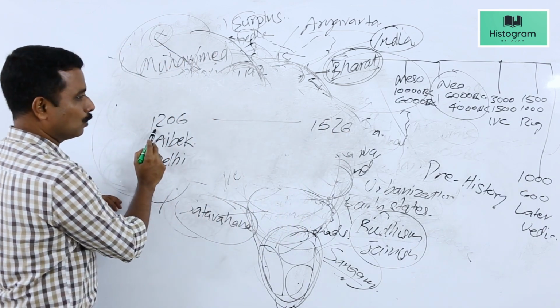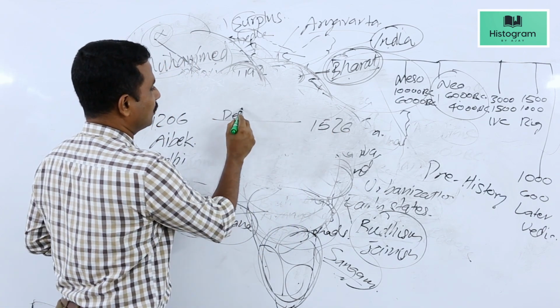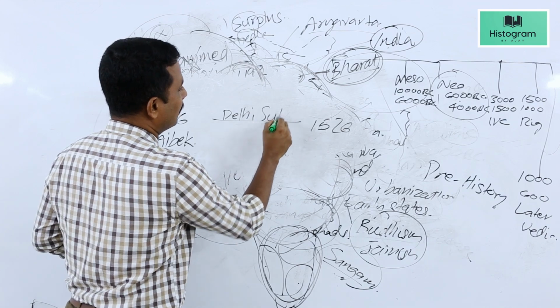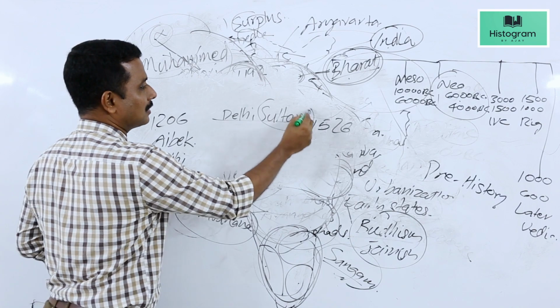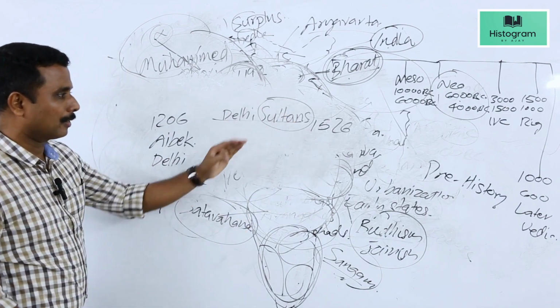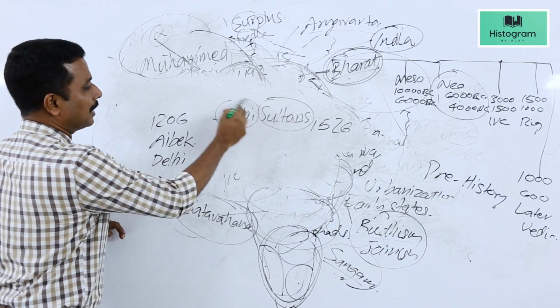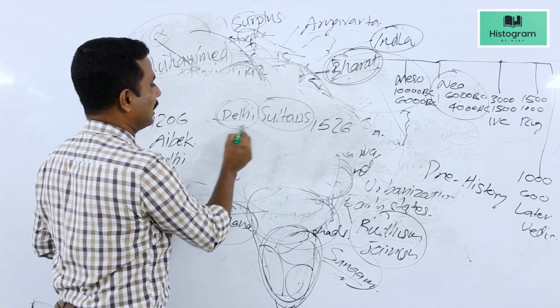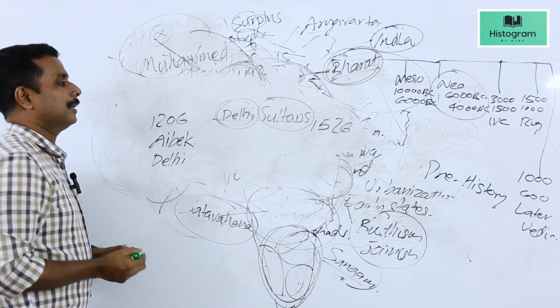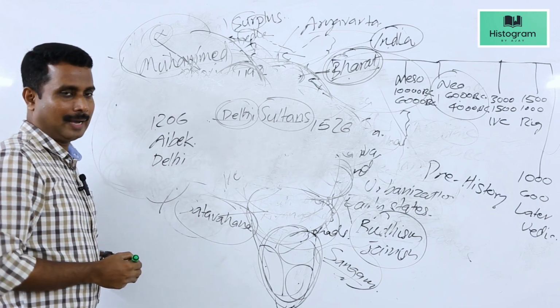So 1206 to 1526 is known as the period of the Delhi Sultans. Sultans were the titles of Islamic rulers, and Delhi was their capital. So this period of Muslim rulers based at Delhi began to be known as the period of Delhi Sultans.